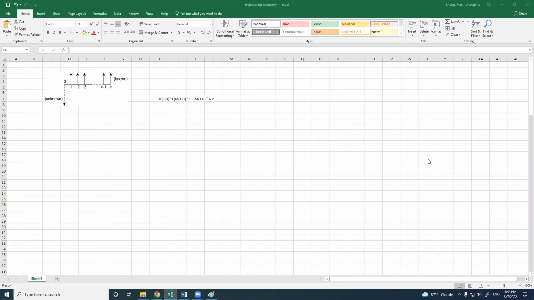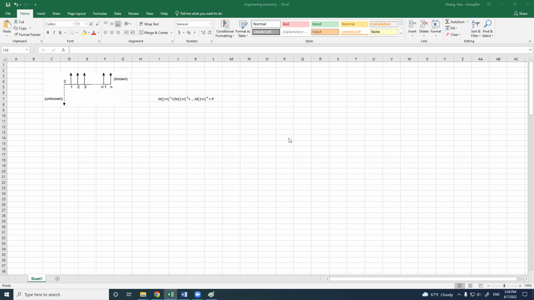Well, for this lab, we are using Excel to build a model to help us do this equal payment calculation, because in the future, when calculating a project or making certain decisions, you will need to develop similar Excel models for engineering economy calculations.